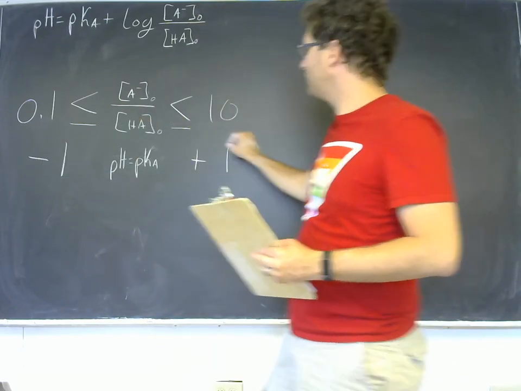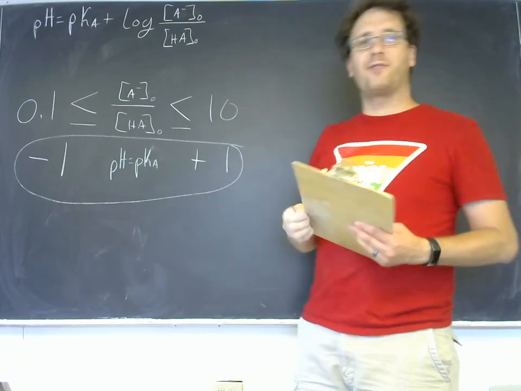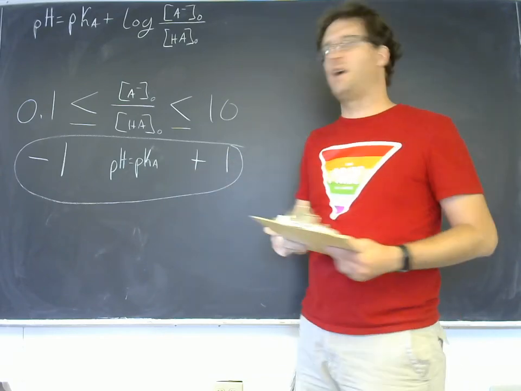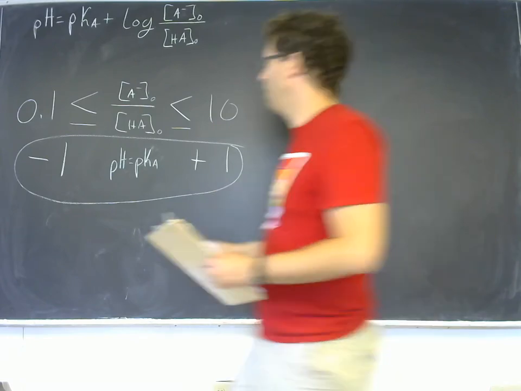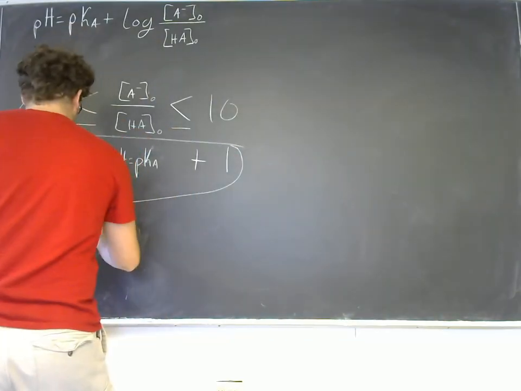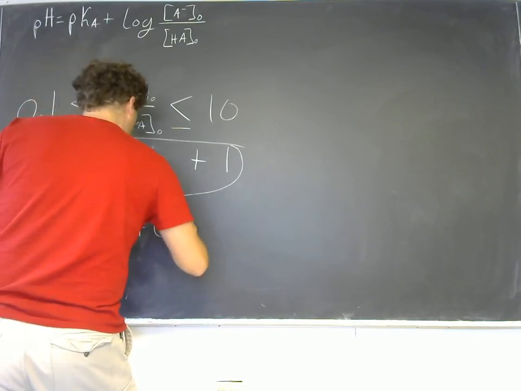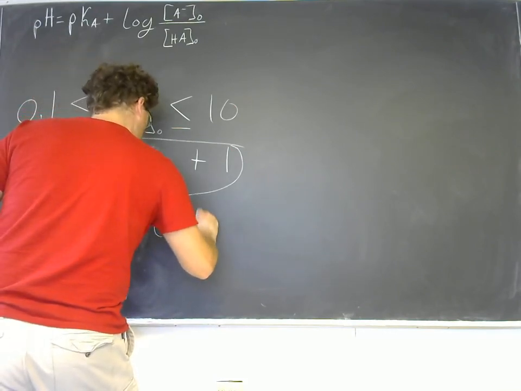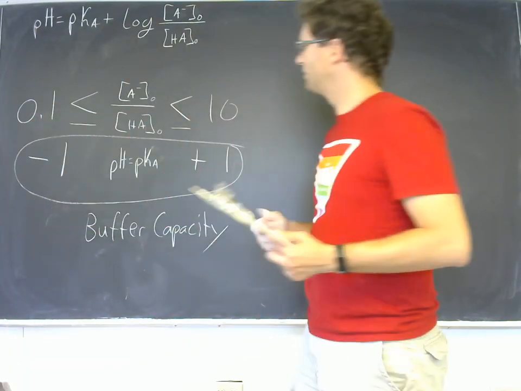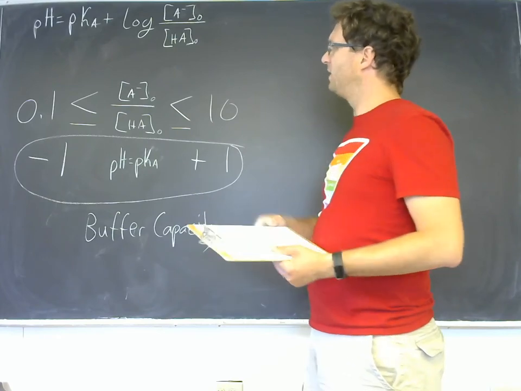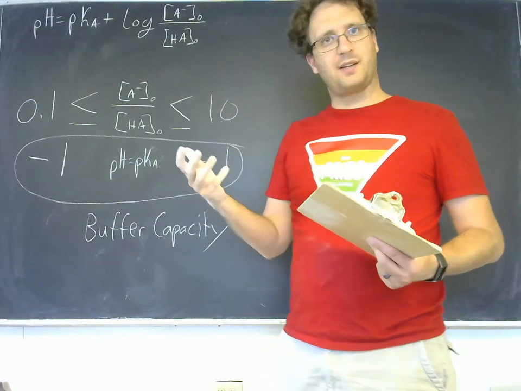And this represents the range over which a buffer is effective at resisting changes in the pH. In other words, this represents the range of the buffer capacity.